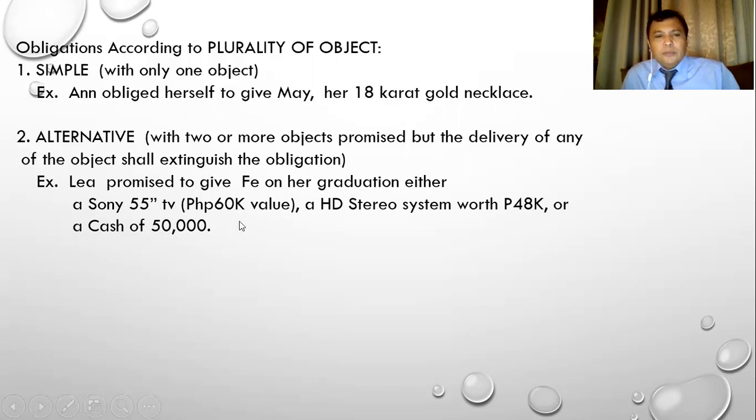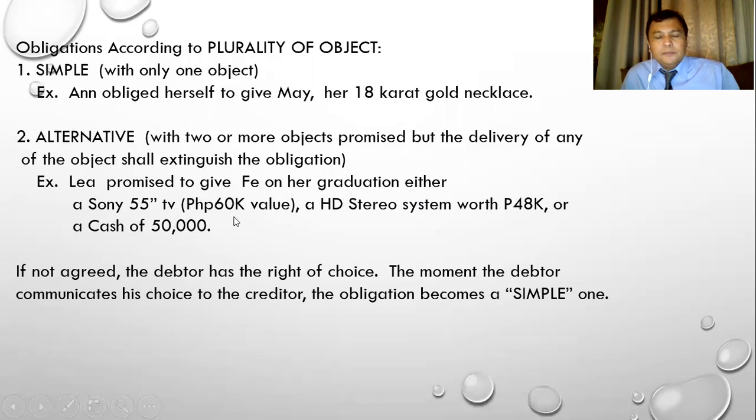Question, who has the right of choice in this obligation? Answer, if not agreed by the parties, if not agreed between Leah and Faye, then it is the debtor who has the right of choice. But the moment the debtor communicates his choice to the creditor, the obligation becomes a simple one.